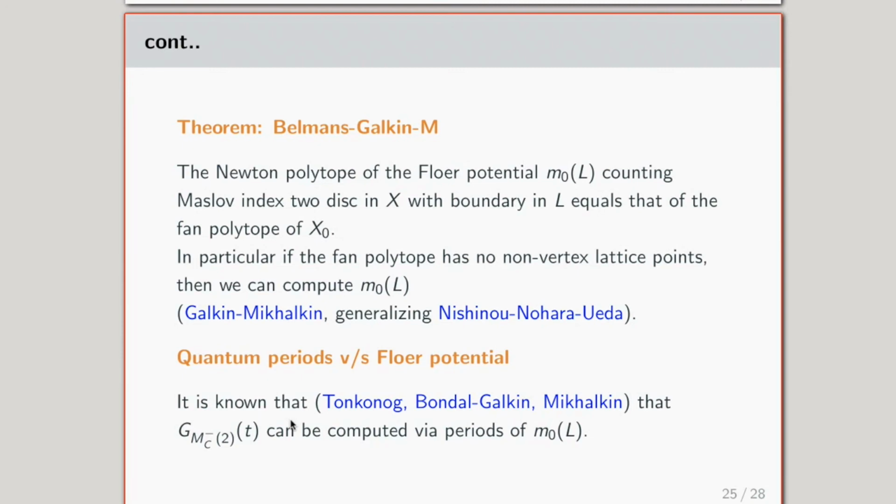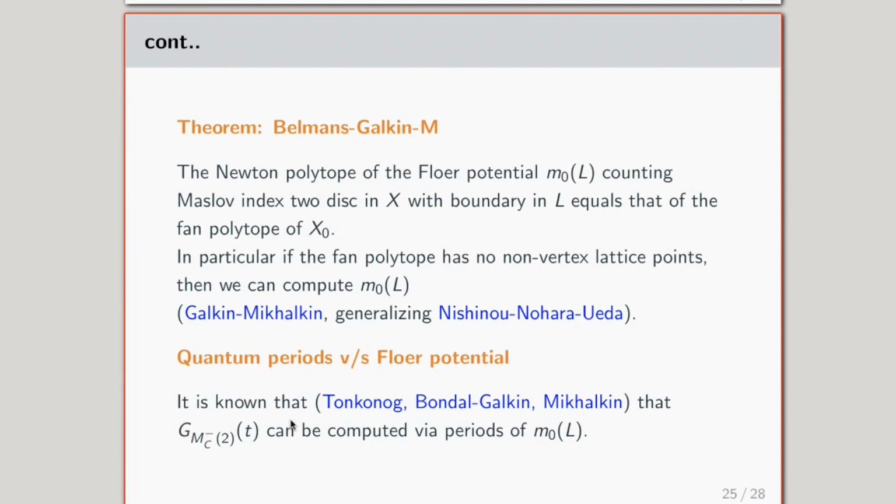So you can combine these two results to check when the potential given by the Newton polynomial of the Fan polytope of the toric variety is the potential for the descendant Gromov-Witten invariants. That's the whole program.